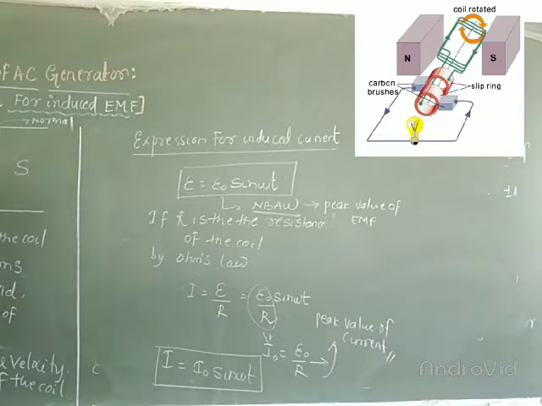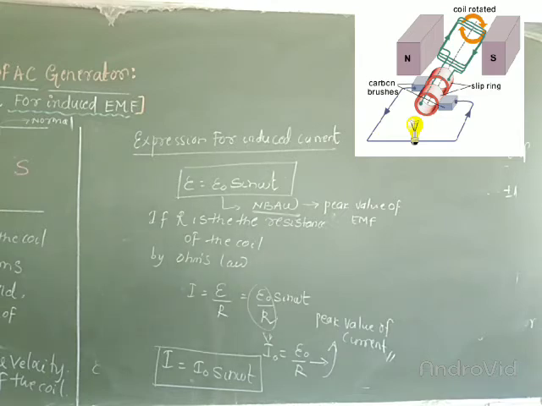So we have the sine function here, that is, sin omega t. The value of the sine function varies from +1 to -1. Therefore the polarity of the induced EMF or the induced current also changes with respect to time, so the direction of the induced current varies periodically, and hence the induced current is called the alternating current.